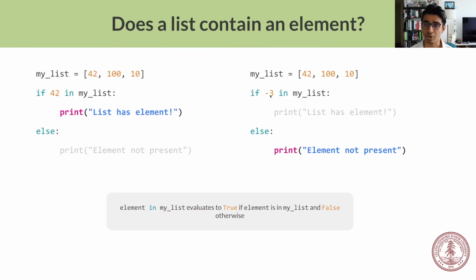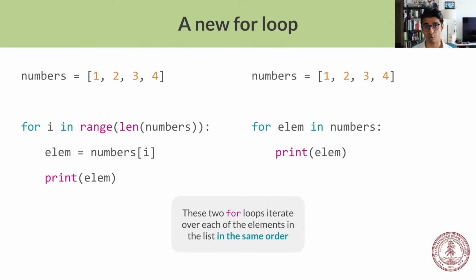All right, so now that we know about appending, removing from, or popping from a list and checking membership, there's one more kind of exciting development that we come to, and that is a new style of for loop.